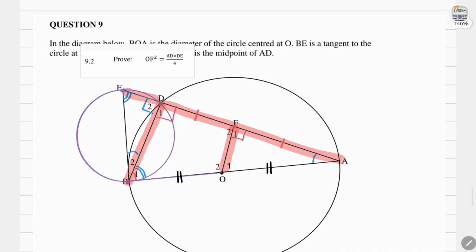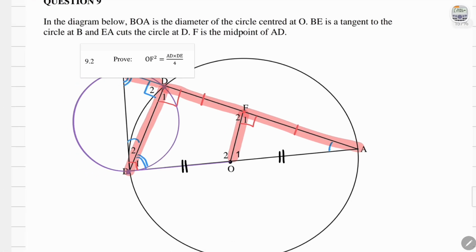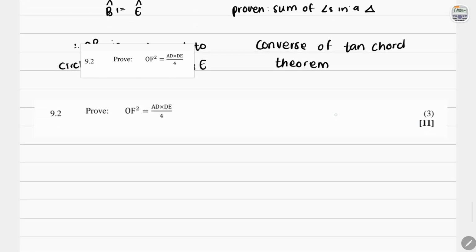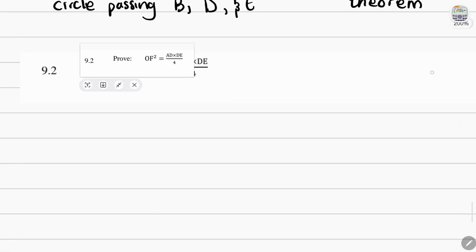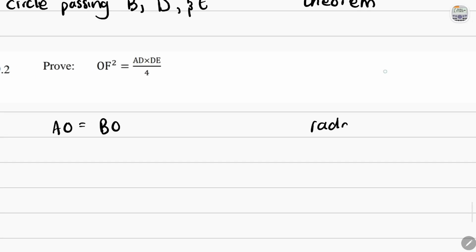So let's go ahead and start off with finding DB and really just the relationship between DB and OF. So we can go ahead and tell them that AO is equal to OB, or AO equals BO first. So if these two are equal, we can remove this for now. AO equals BO because we have equal radii.